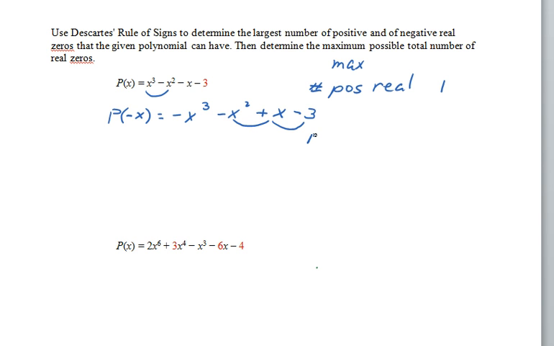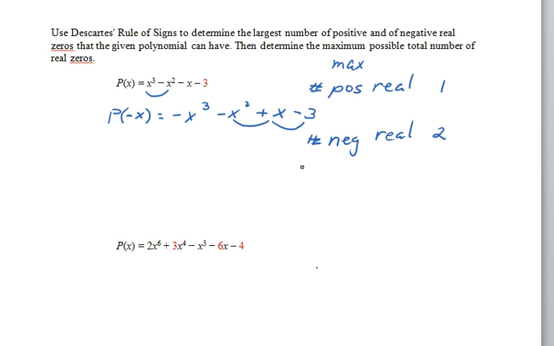And so the number of negative reals has at most 2. It can actually have 2 or 0 because of additional imaginary zeros that can occur in pairs.